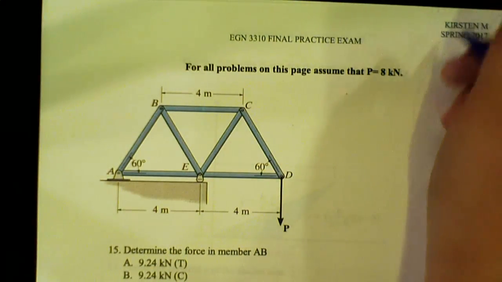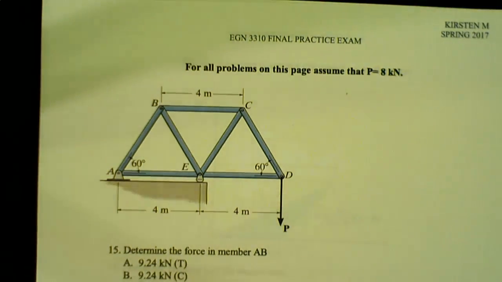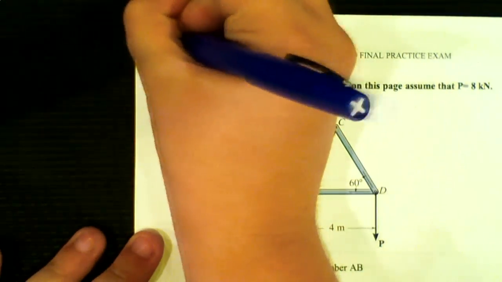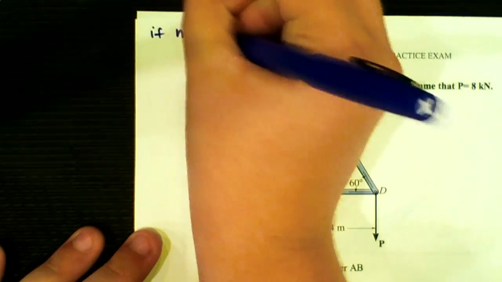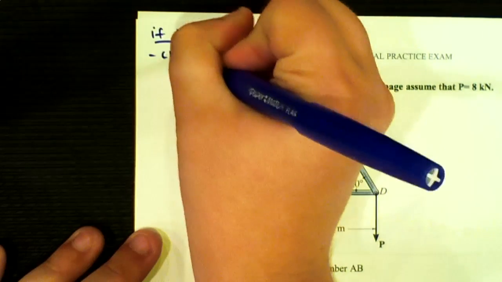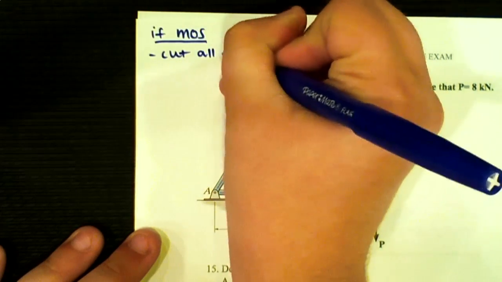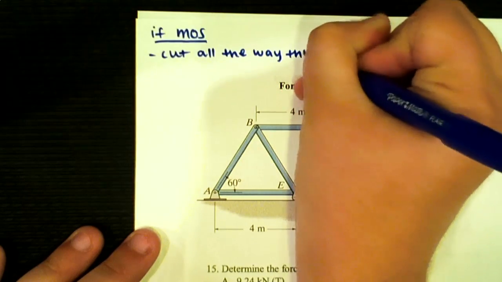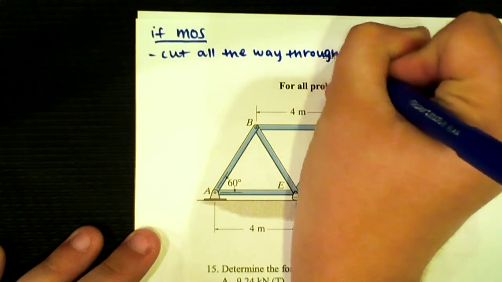If we were to cut it, what is a rule that we have to always keep in mind whenever we make a cut through a truss like this? You have to cut it all the way through. So with method of sections, you have to cut it all the way through. What else do we have to keep in mind?